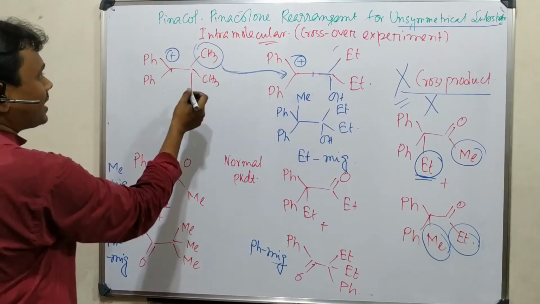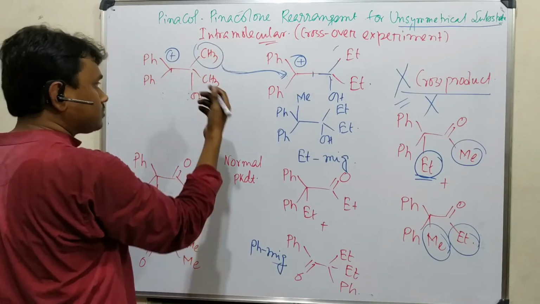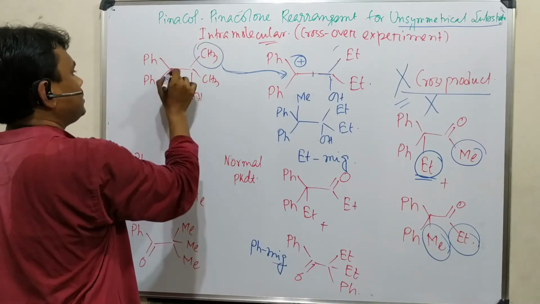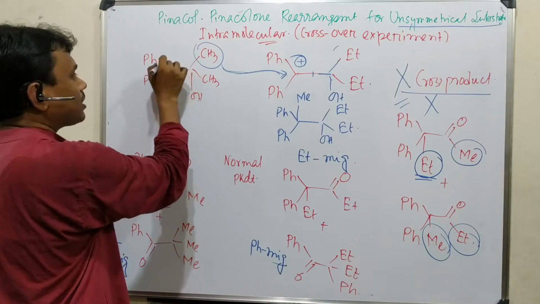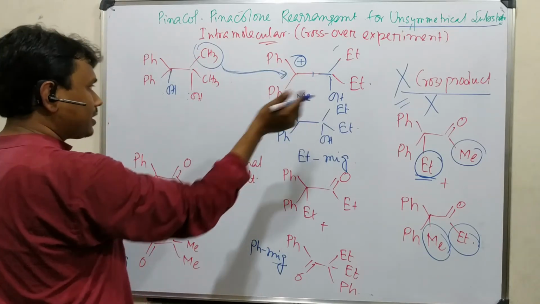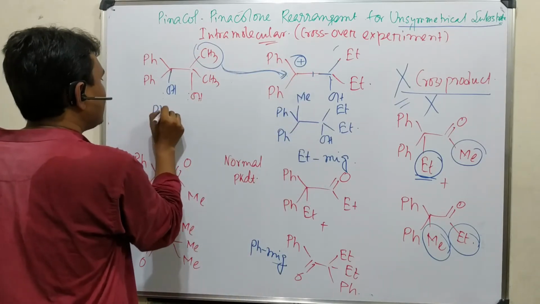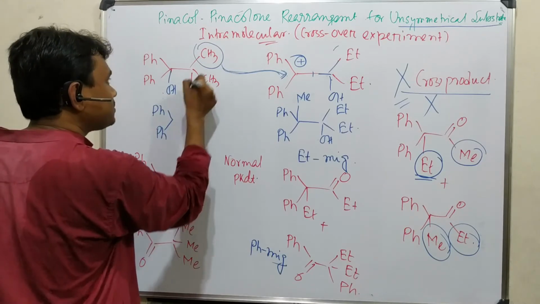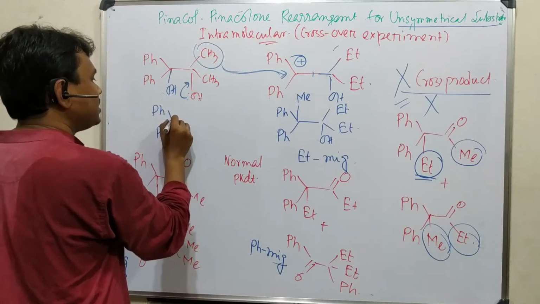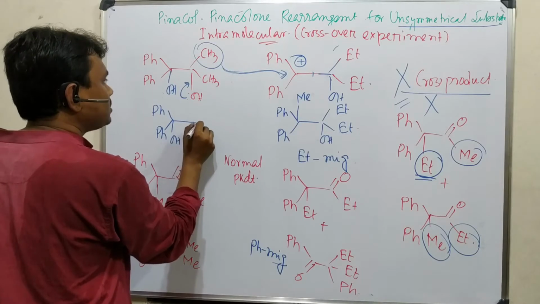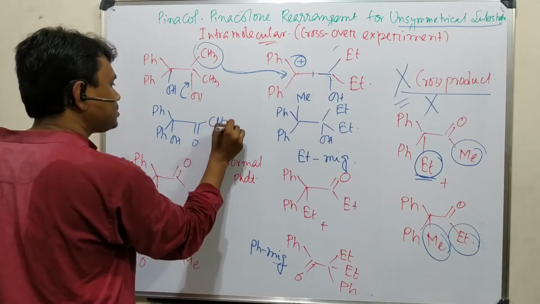And after this migration, if it migrates, then there will be no carbocation. This is neutral, this is carbocation. So what will be the fate of this? So this is Ph, this is Ph. This migration is assisted. So this is OH, this is double bond O, double bond CH3.